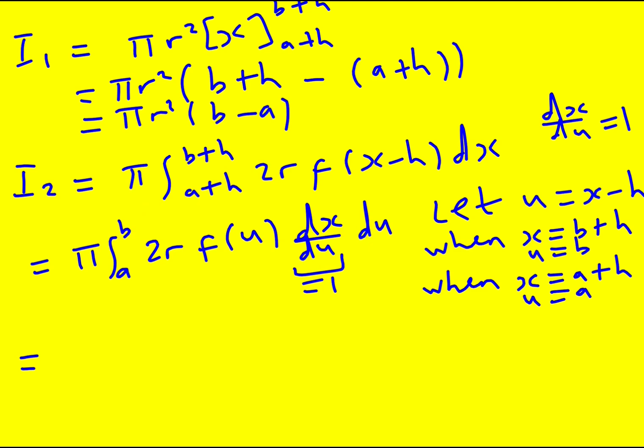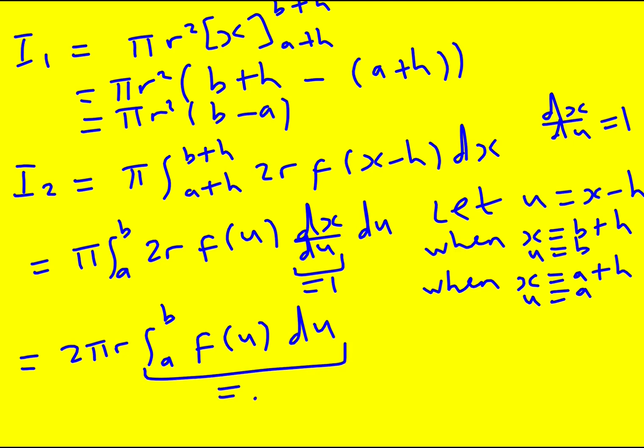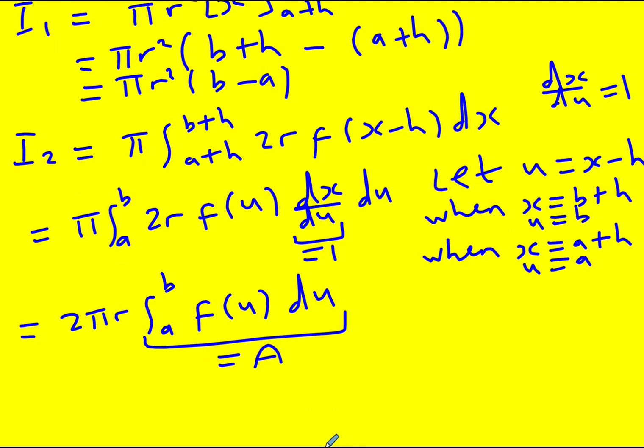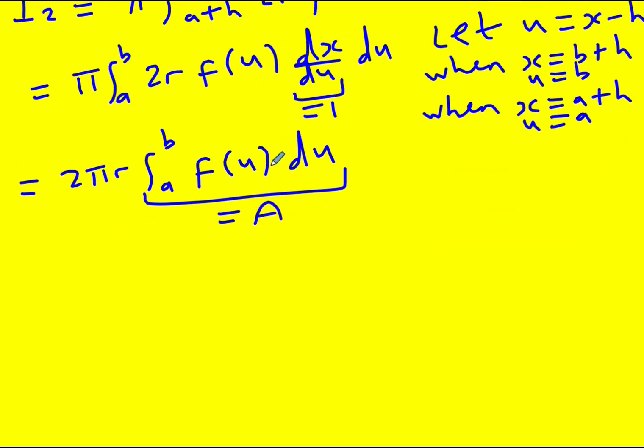It's the same thing because it's just like a summation. So 2 pi r, but this integral is actually the same as the area a. It doesn't matter that I've got u as the variable. Remember, it's just a dummy variable in some sense because we're then substituting in our limits. So we get 2 pi r a.